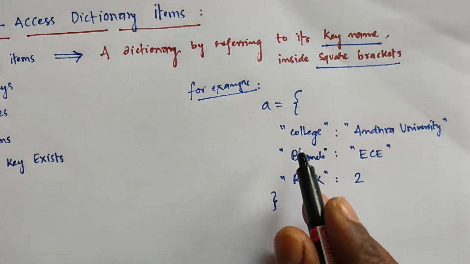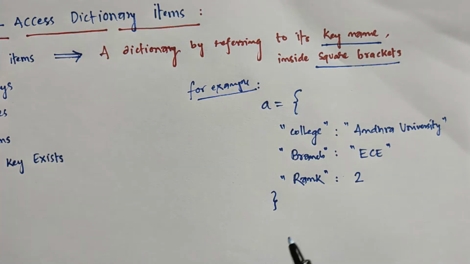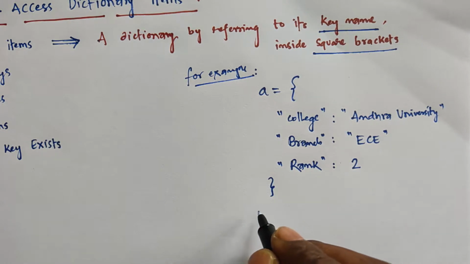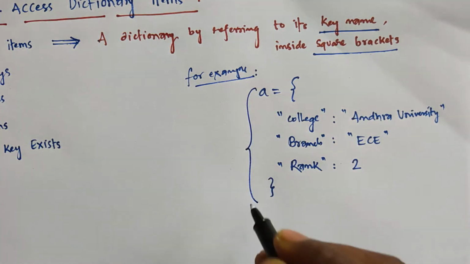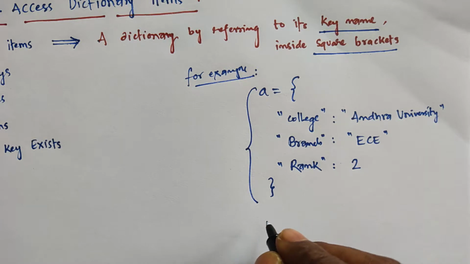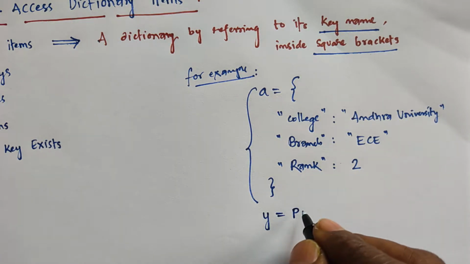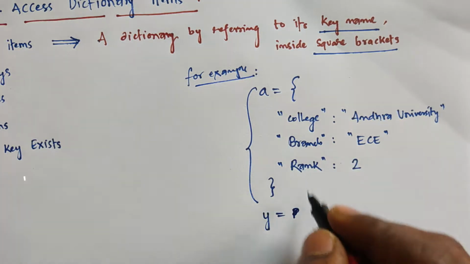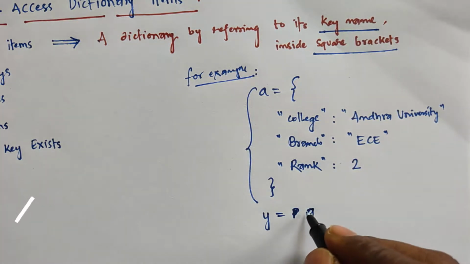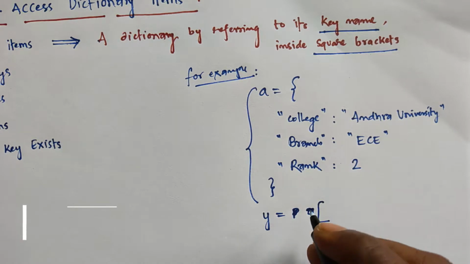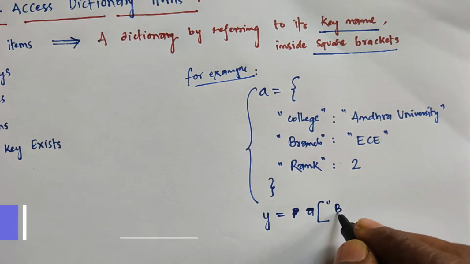Now I am calling a particular key. Based on these lines you write y is equal to, and print, or otherwise you can simply call the variable a in square brackets. Now I am calling branch.